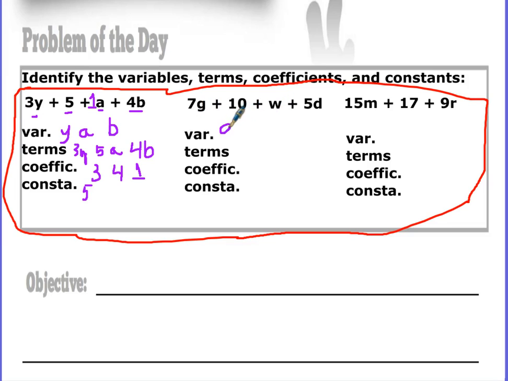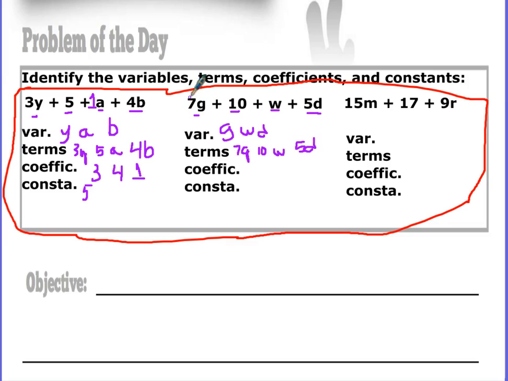Moving on to the next one, my variables are g, w, and d. Terms, again, terms are numbers, variables, or numbers and variables separated by operation signs. So I have 7 times g, 10, w, and 5 times d.